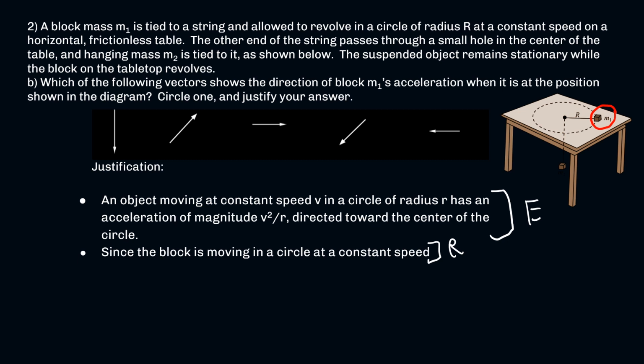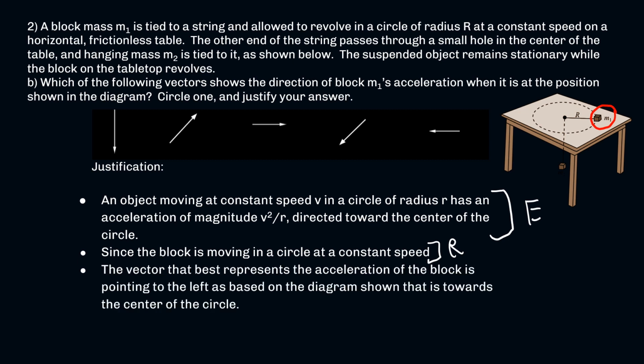So that is going to be my final claim here. The vector that best represents the acceleration of the block is pointing to the left, as based on the diagram shown, that is towards the center of the circle at that moment.